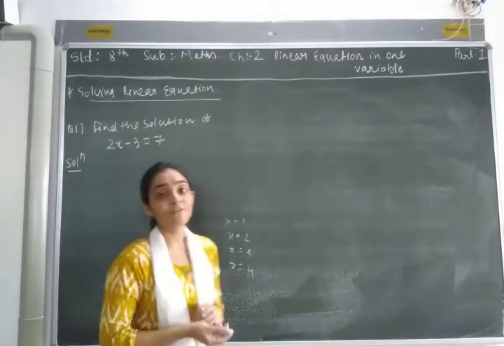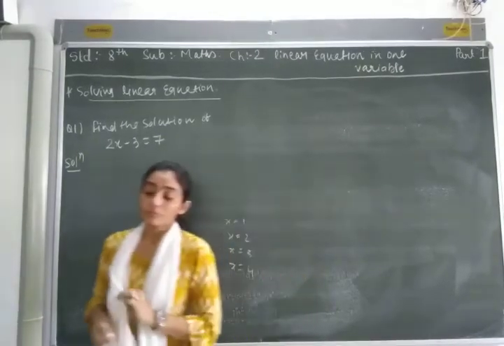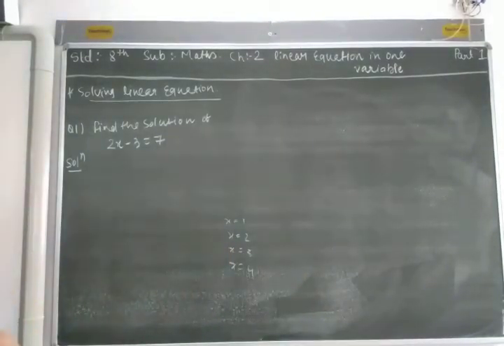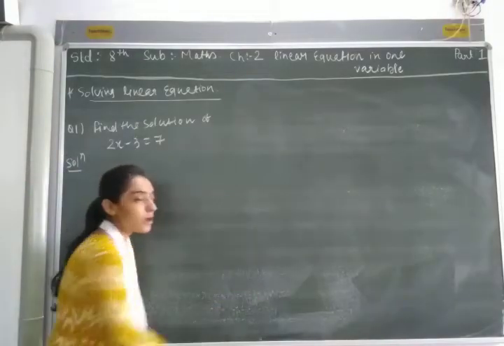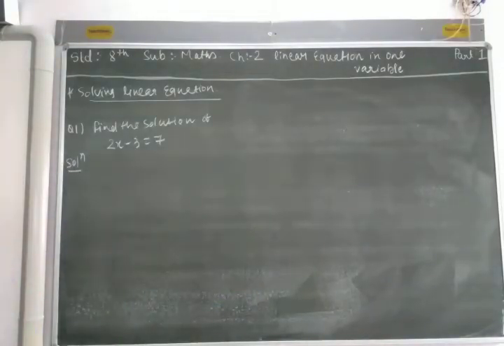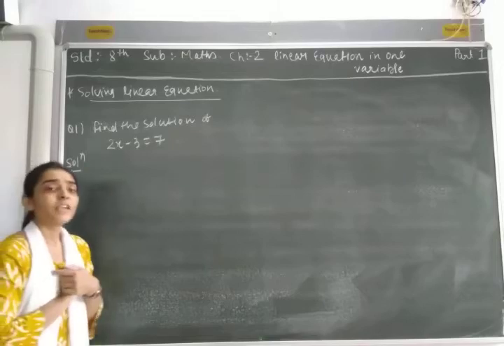We know that there are infinite numbers, so how many numbers will you take and check this way? Instead of solving this way, you can use a very easy method.